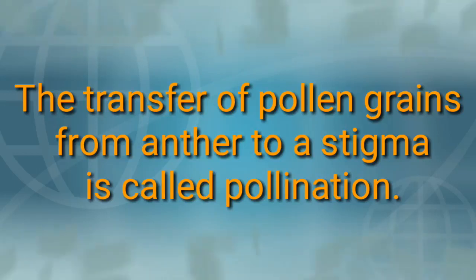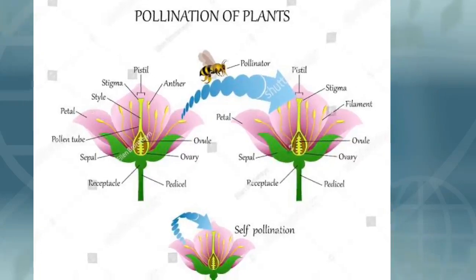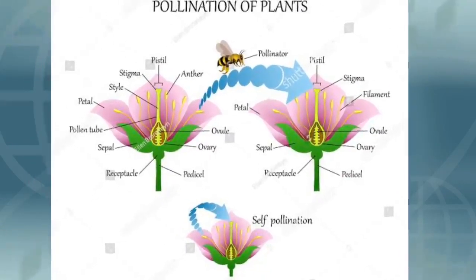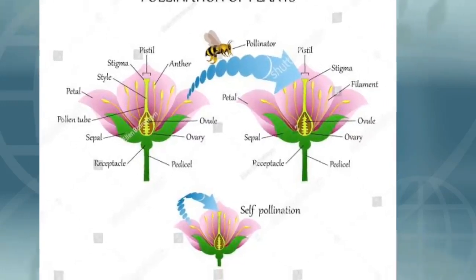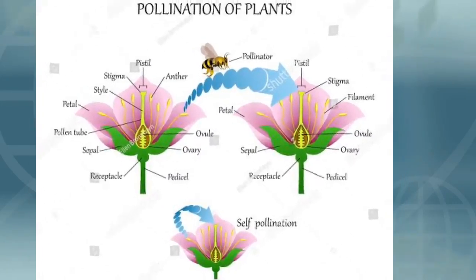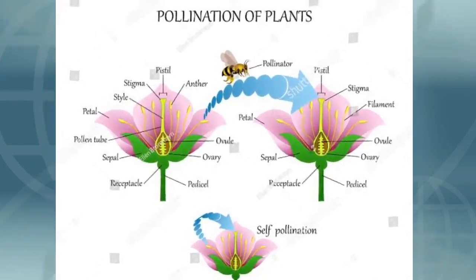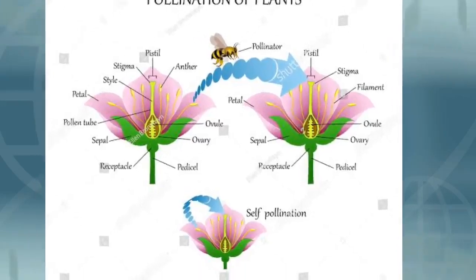You can see the image which is given in your textbook. Now pollination can be done by two methods, self and cross, which you are seeing in your textbook, self pollination and cross pollination. Many flowers are brightly colored and have a sweet smell to attract insects such as bees.